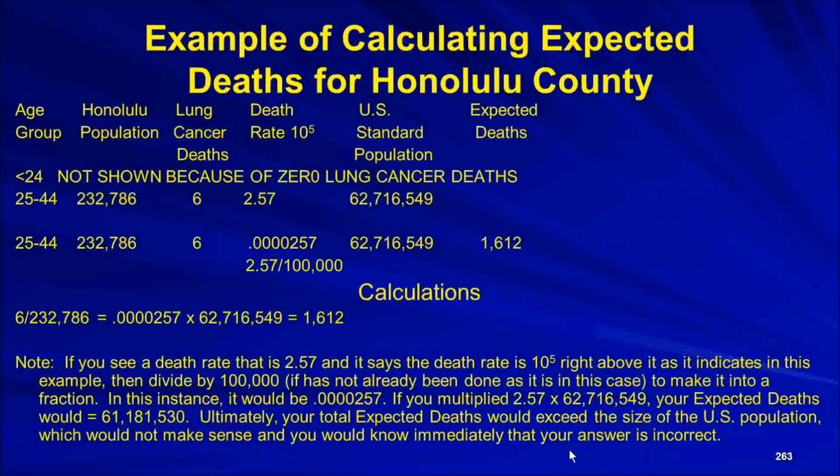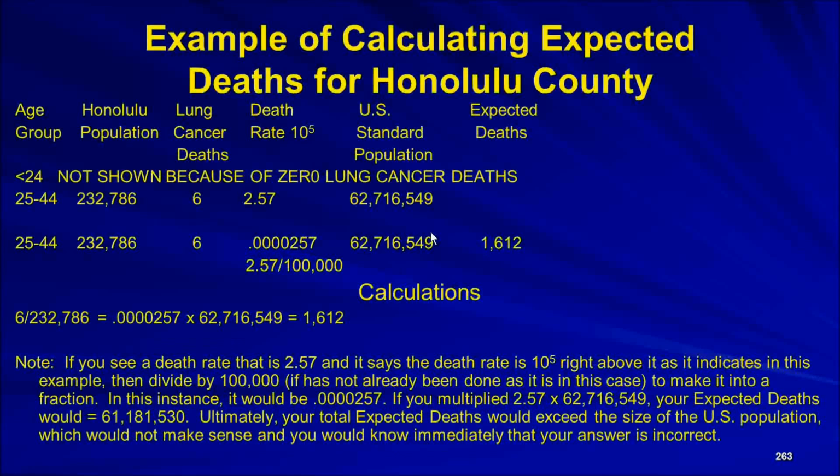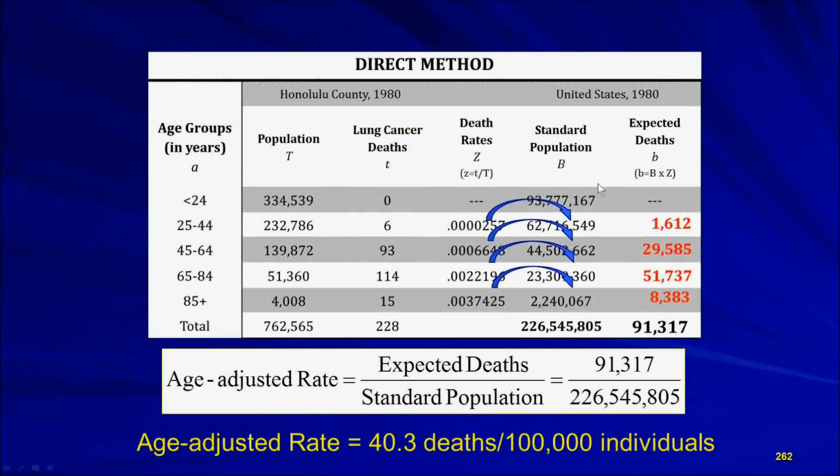Sometimes, now I'm going to go back a slide because I'm going to focus on the 25 to 44 age group, and I want to show you something. Because what we always get is some fractionated number. And if you're not getting a fractionated number, you've got a problem, and I want to explain that to you and show it to you.